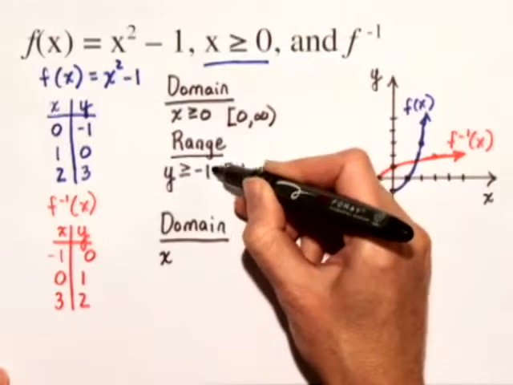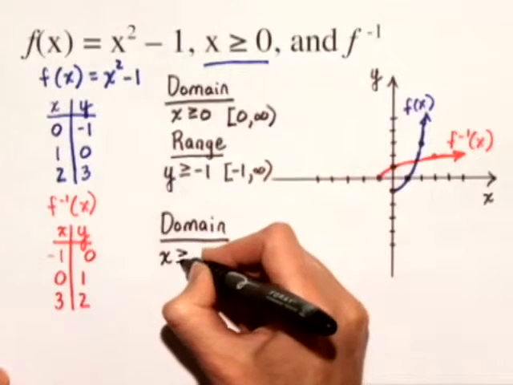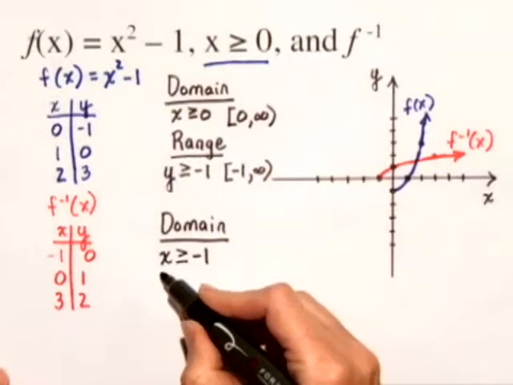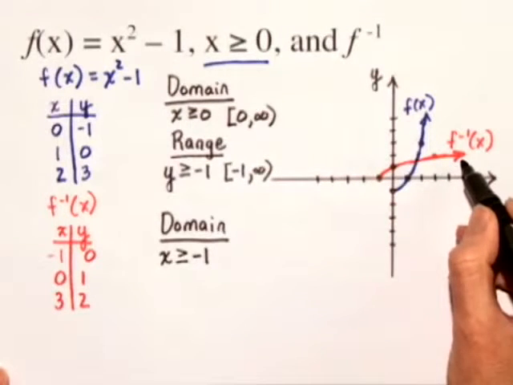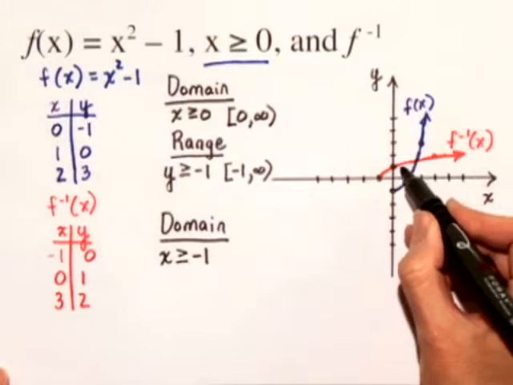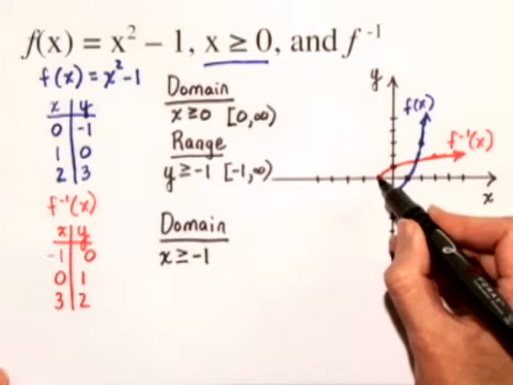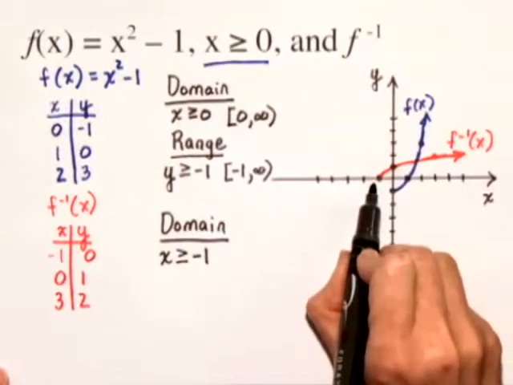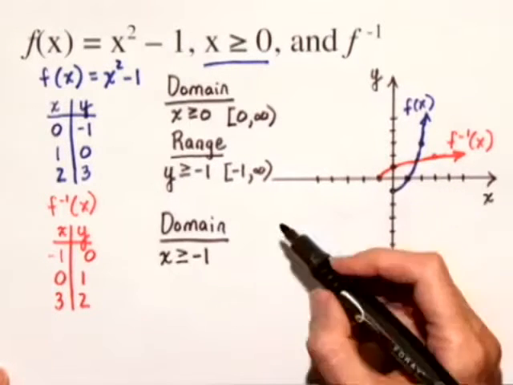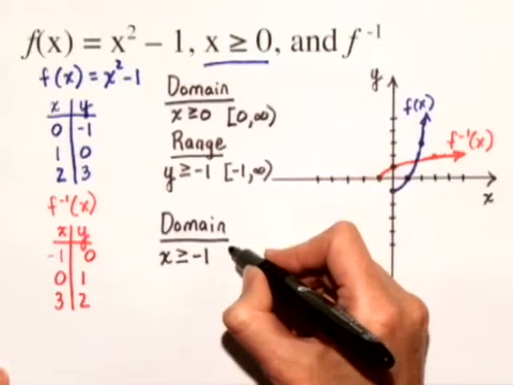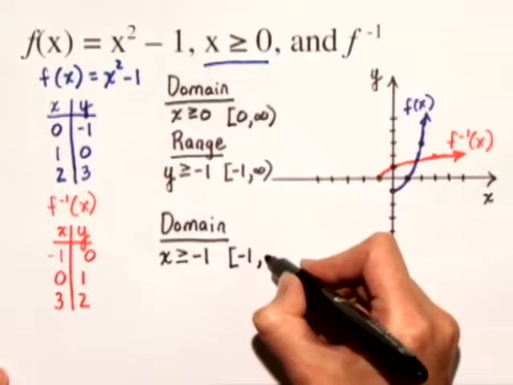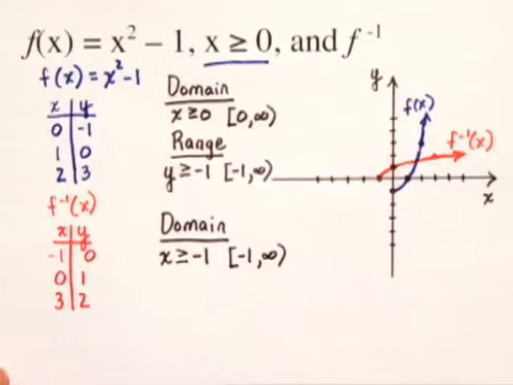So I need x values that are greater than or equal to -1. Let's see if this makes sense on my graph. In red, my x values look like they go as low as -1, and then they're always to the right of -1. So x is greater than or equal to -1 makes sense. In interval notation, that's just -1 to infinity.